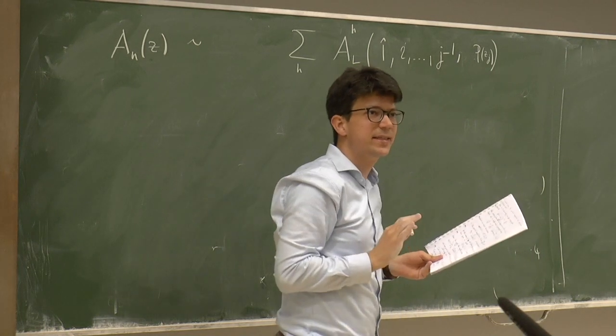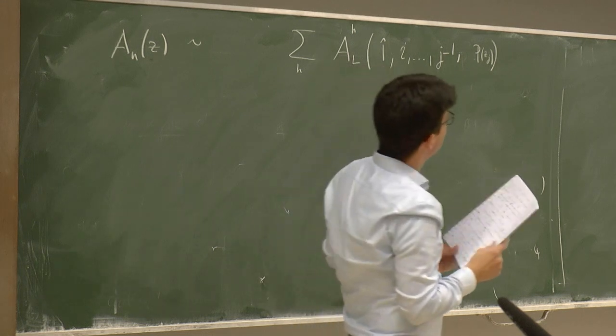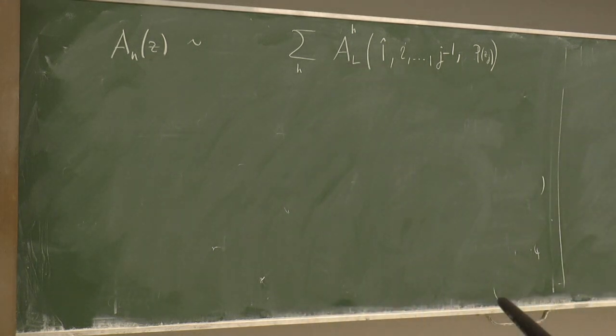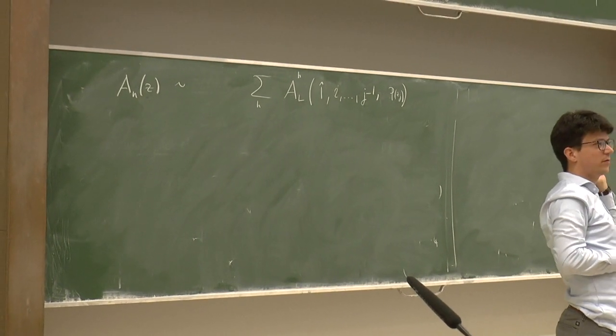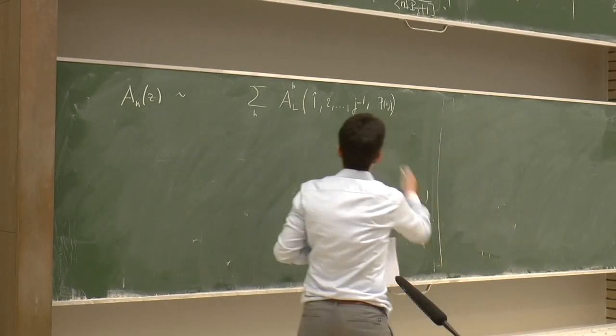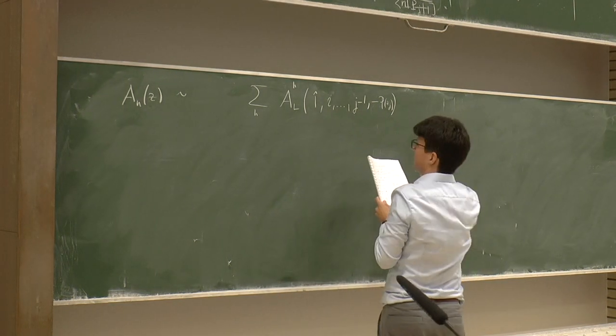Another technical detail, but important if you want to get the minuses and so on correct. This internal line, so we have some convention where all particles are outgoing. Now, of course, for the internal line, it will be outgoing for one amplitude and ingoing for the other one. So for one amplitude, we'll write this with the minus sign, and for the other one, with the plus sign.